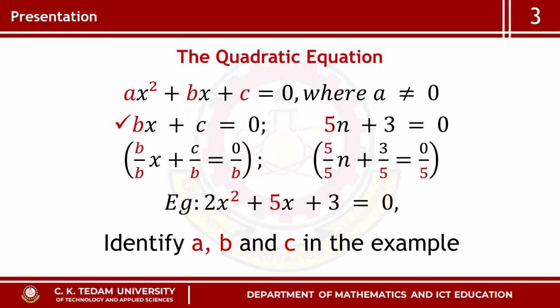Now we will look at the example in the next step, which is 2x squared plus 5x plus 3 equals 0. If you want to identify a in this case, it is the coefficient of the quadratic x, and a is equal to 2. b is the coefficient of the x term, which is equal to 5. c is the constant term, and the constant term here is 3, and it's all equal to 0.